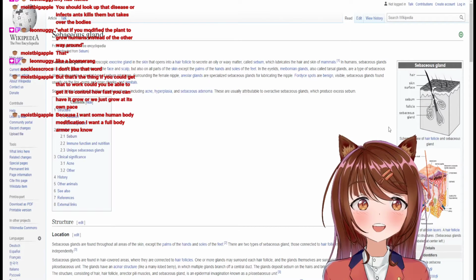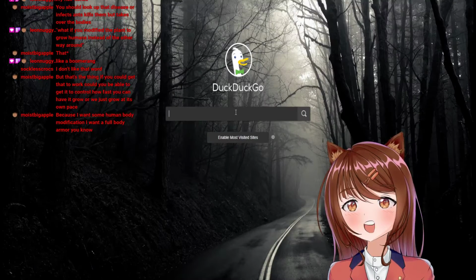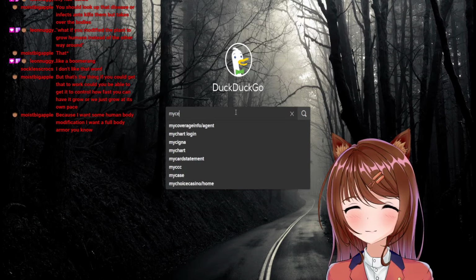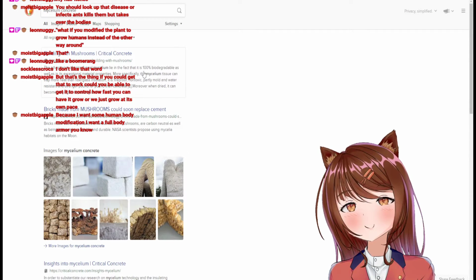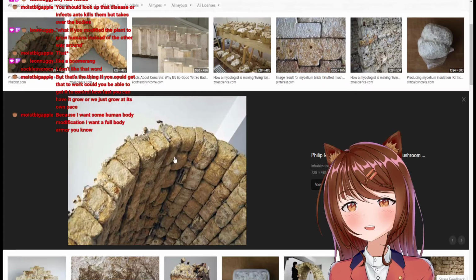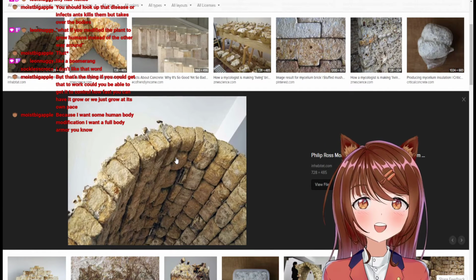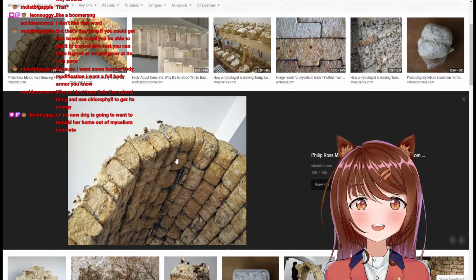Yo, that reminded me of something. Hold on. Okay, new tab. DuckDuckGo. Mycelium concrete. They have mycelium concrete right now. Yeah, like this. So mycelium is mushroom. So you could make mushrooms that live off of the sebum and kill hair follicles.